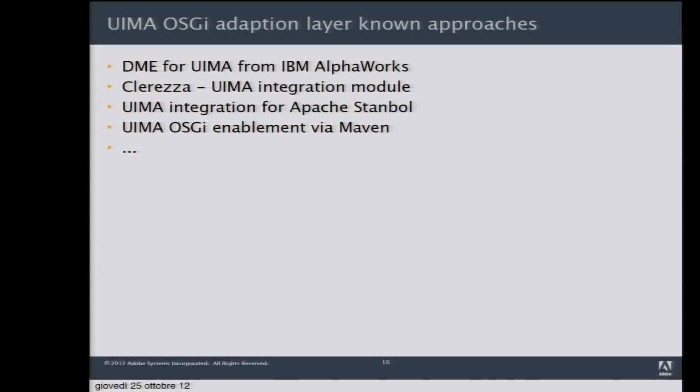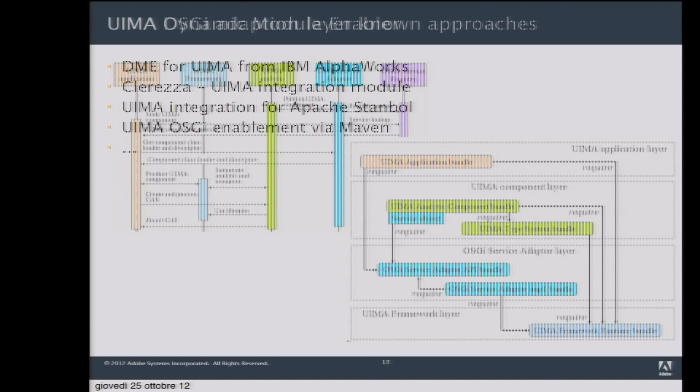There is a UIMA integration for Apache Stanbol, which also uses OSGi. There has been some discussion on the UIMA mailing list of using Maven automatic dependency resolution for supporting OSGi. And there is the Clerezza UIMA integration module, which is what I've done.